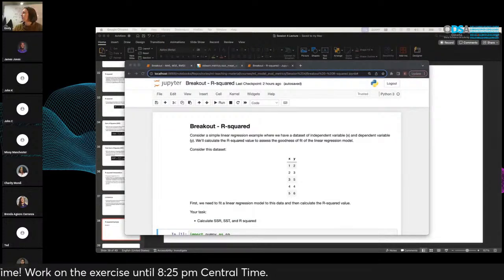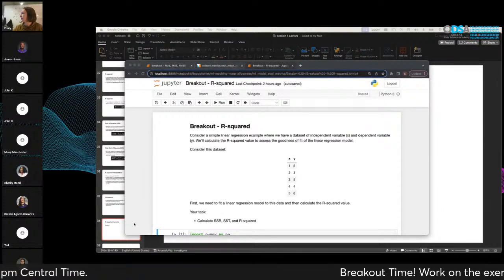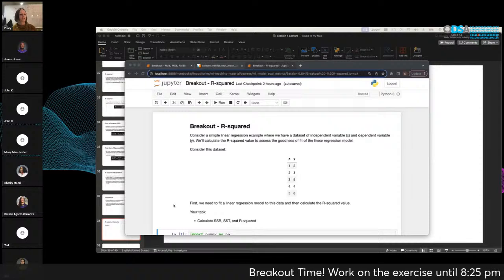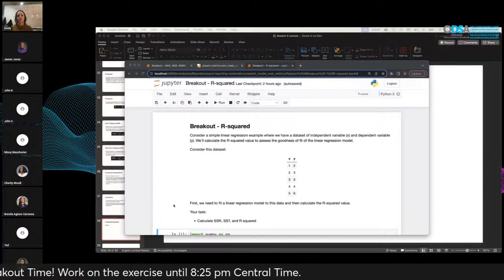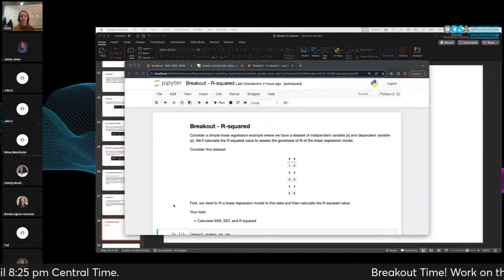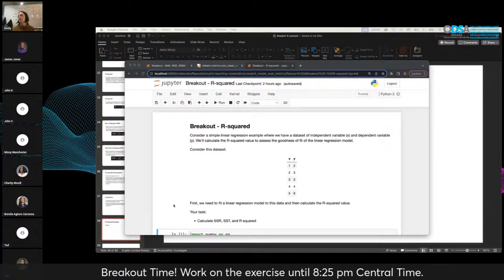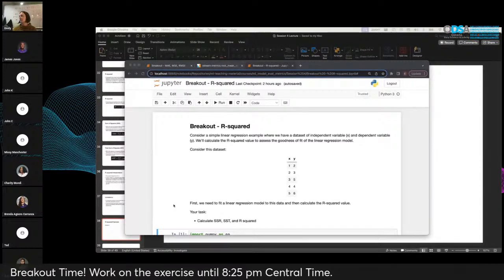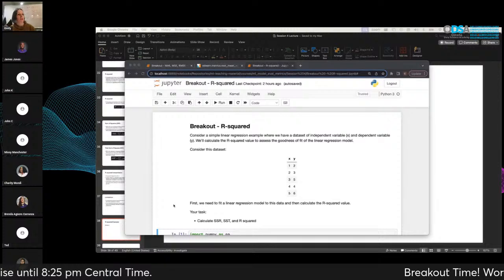I realized I said I was going to say this and then I didn't. I don't think there was a good spot for me to talk about this in the slides. But to Brenda's question earlier: if we have one model trained on one data set, and another model trained on another type of data set, can you really compare them with mean absolute error, mean squared error, and root mean squared error?